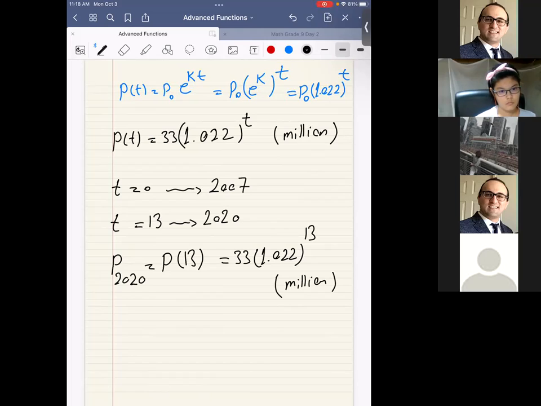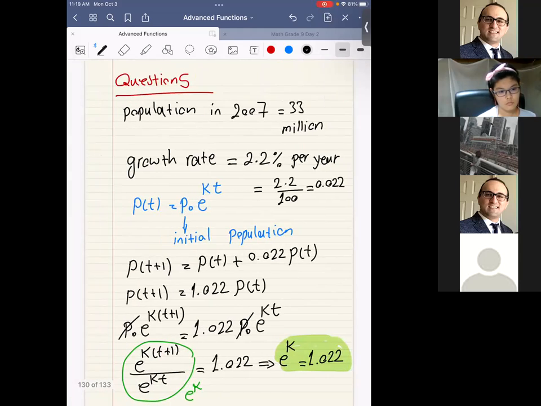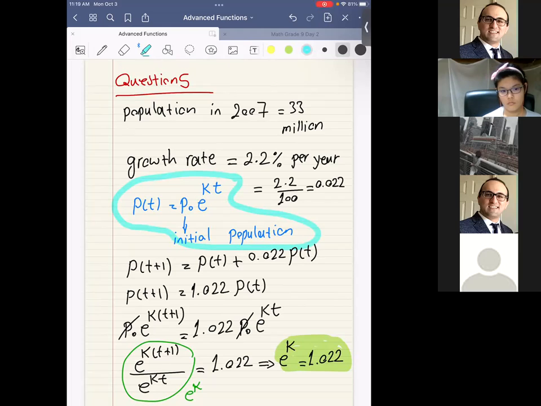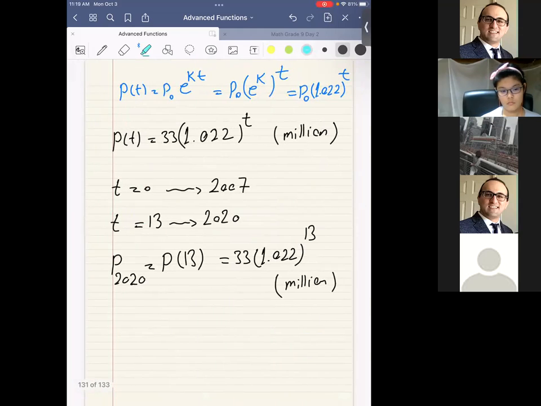So here there is a lesson that we can learn from this. The lesson is, it is true that in general, the general model for the exponential growth is like this model. But once you have the value of k, then you can just simplify this and write it as this model, P0 times 1.022 to the power t.